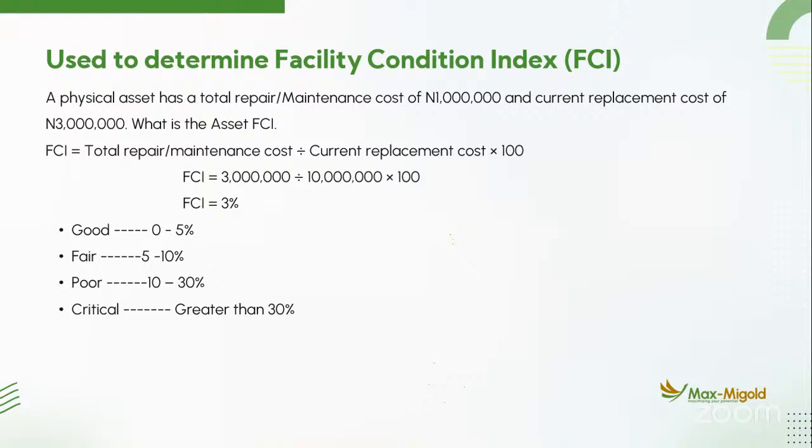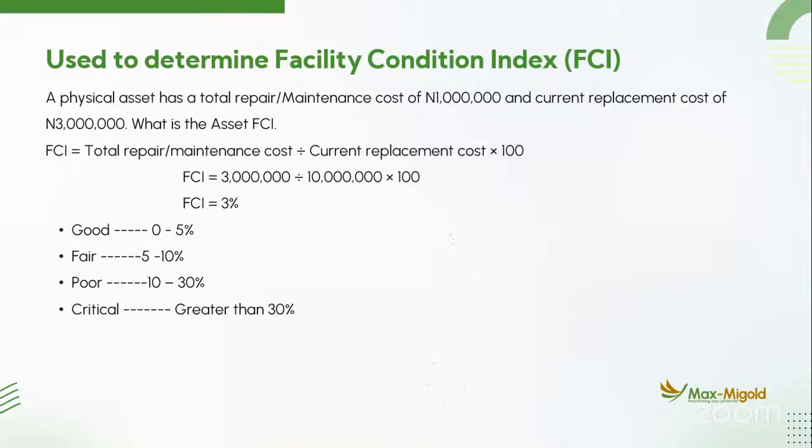For instance, a physical asset has a total repair after you have calculated the amount of money you are going to spend in all repair activity within the entire facility and the maintenance cost. You have to the tune of 10 million naira. 10 million naira, please. When you have the slide, change this to 10, not 1 million naira, it's 10 million naira. And the current replacement cost of that particular asset is just 3 million naira.